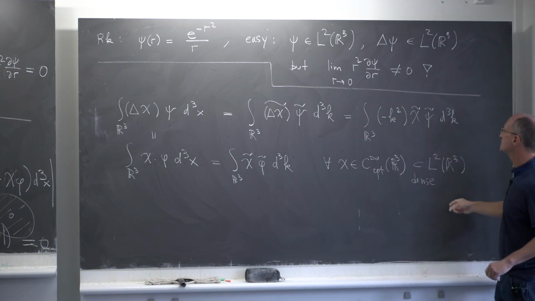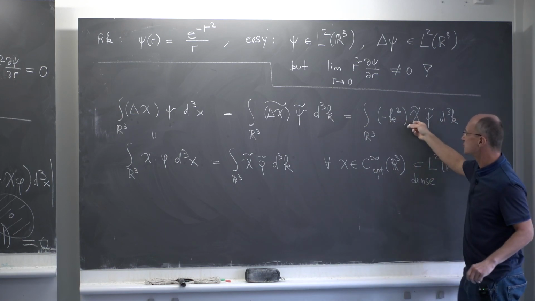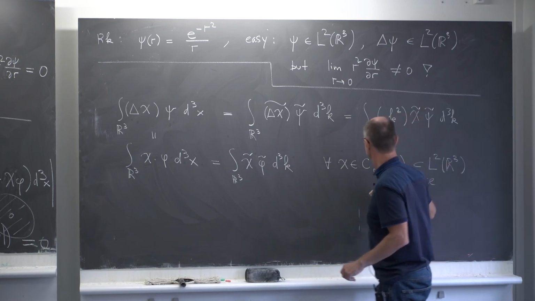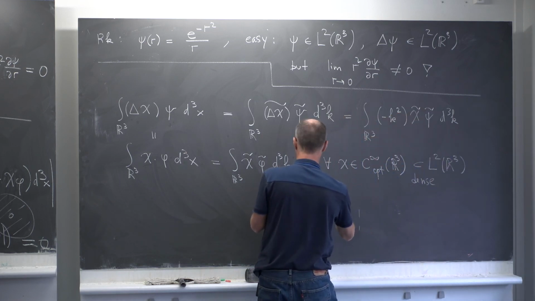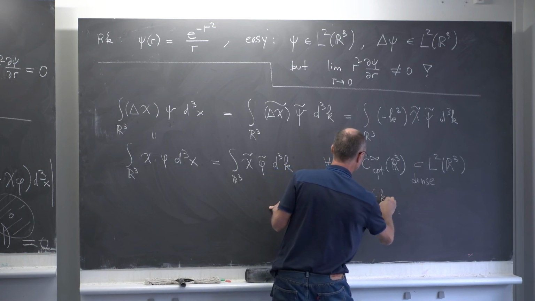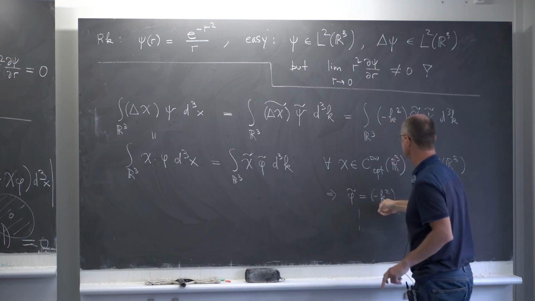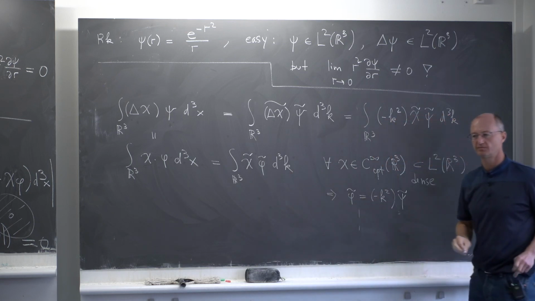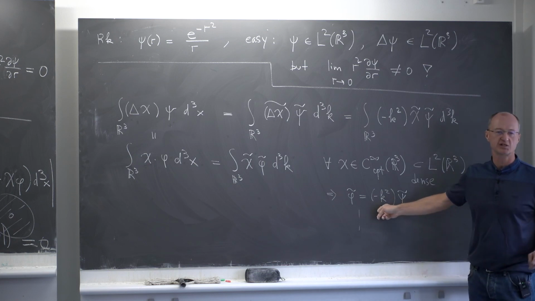So this implies, after some thinking, that there is this L2 equality that phi tilde is minus k squared times psi tilde. But this is more or less the true definition of the Laplacian, right?